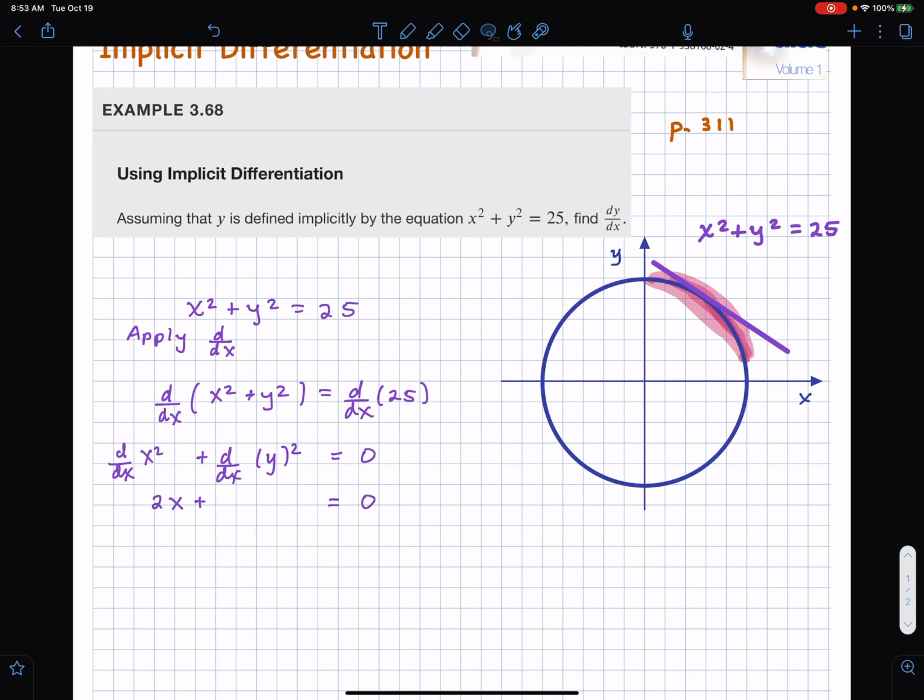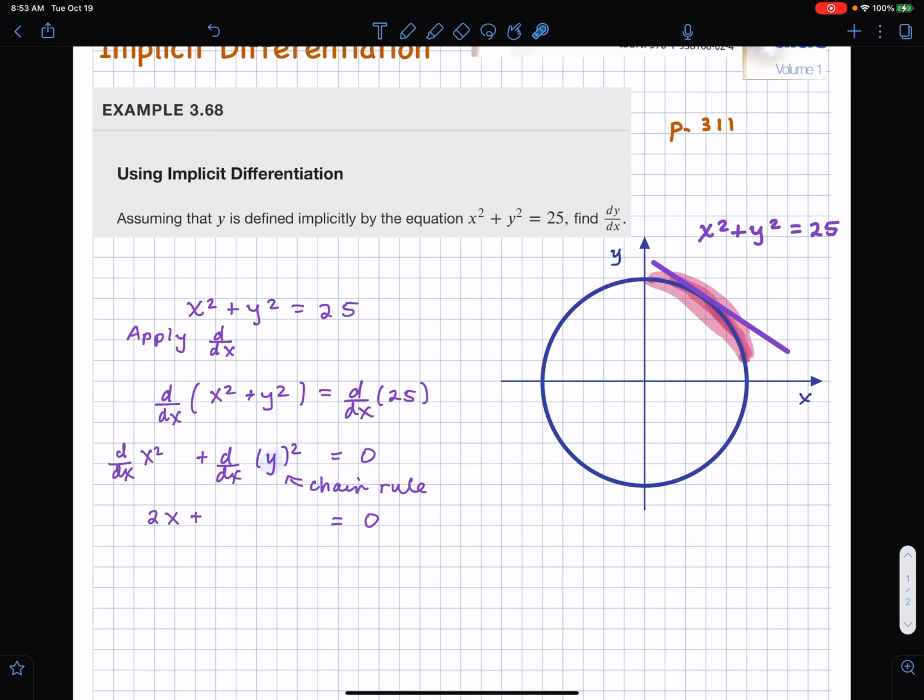Now, when I come over to y squared, I'm going to use the chain rule. This is going to involve the chain rule. We can think of this as a composition that's going on right here. There's a composition where I have y, which is a function of x. So you could even call this f of x, whatever's inside there, squared.